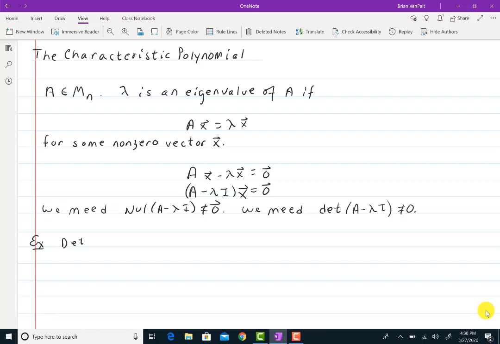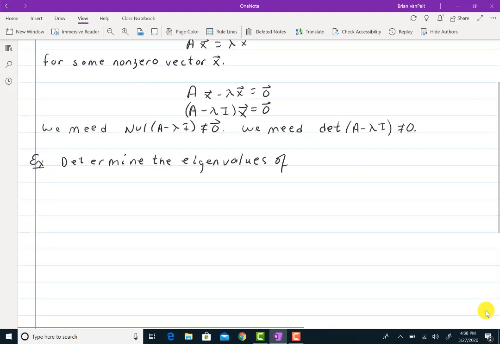Determine the eigenvalues of, and the matrix that we have, starting off small and simple, 5, negative 3, negative 4, 3.